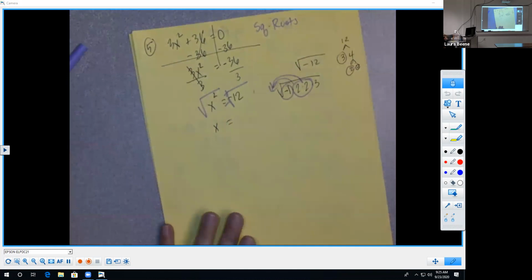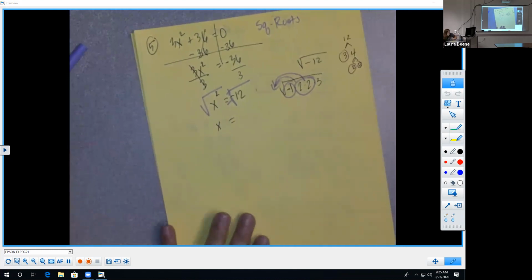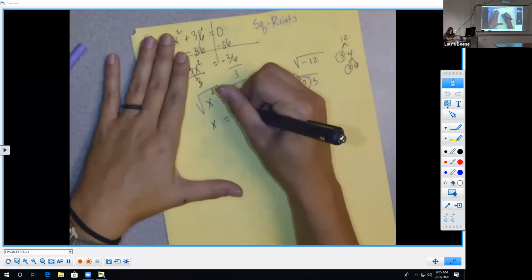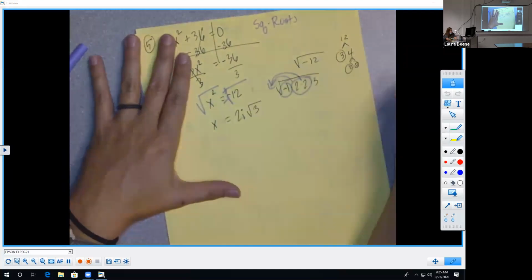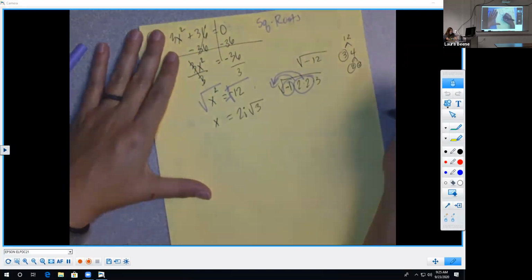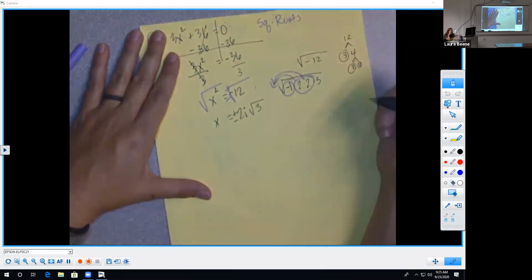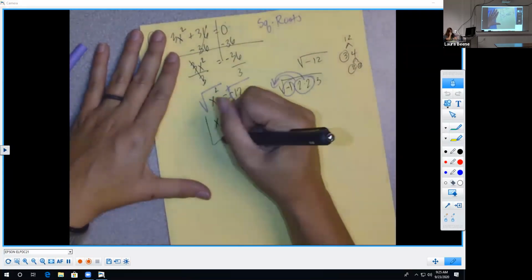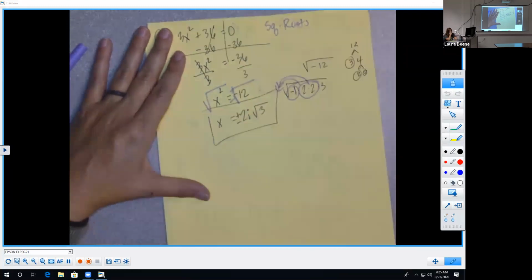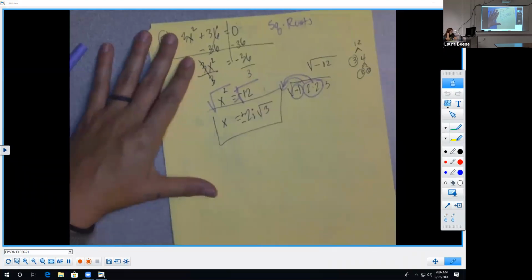So on the outside is going to be 2i times the square root of 3 left over on the inside, plus or minus. And that's your answer. Questions about that?